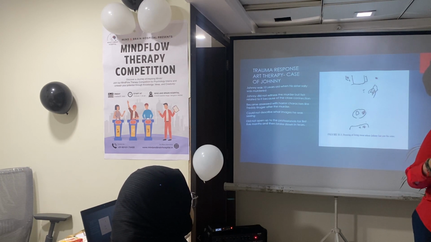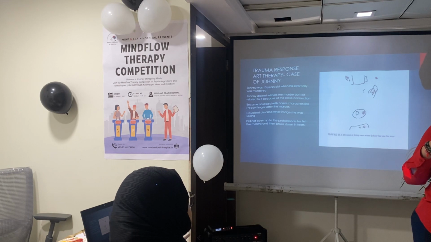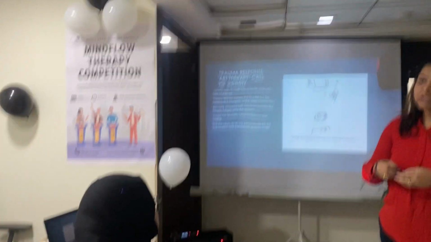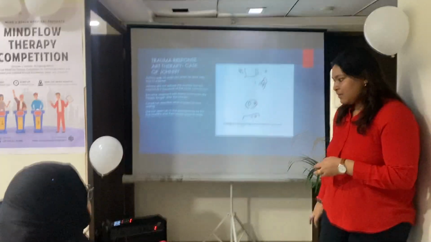The boyfriend was tied up, so he couldn't really help the sister. And Johnny, even though he was not there at the scene, because of the close connection to the victim, experienced second-hand trauma and seemed to experience all the symptoms of PTSD, even though he did not witness the murder itself.